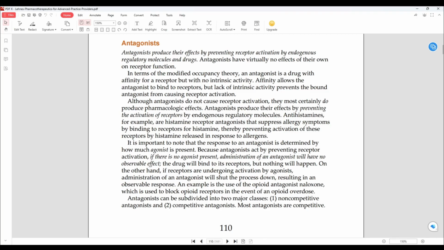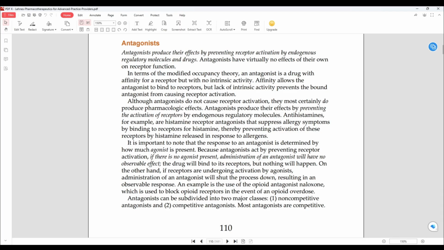In terms of the modified occupancy theory, an antagonist is a drug with affinity for a receptor, but with no intrinsic activity. Affinity allows the antagonist to bind to receptors, but lack of intrinsic activity prevents the bound antagonist from causing receptor activation. Although antagonists do not cause receptor activation, they most certainly do produce pharmacologic effects.